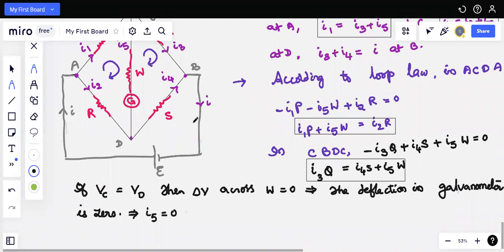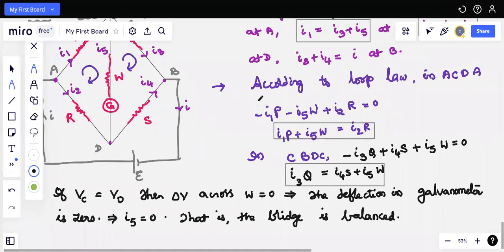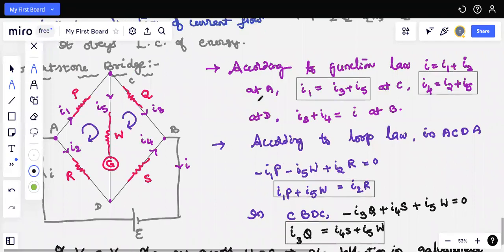Then we say the bridge is balanced. We call this a balanced Wheatstone bridge. In case of balanced Wheatstone bridge, I1 equals I3 is the first equation, I5 is 0. And here the second equation, observe: I4 equals I2.